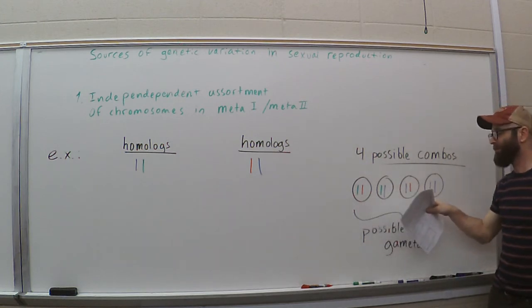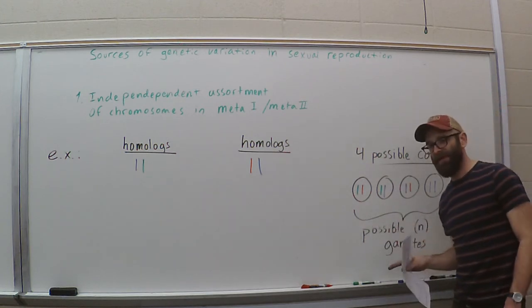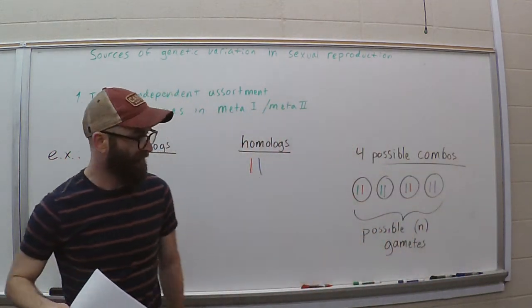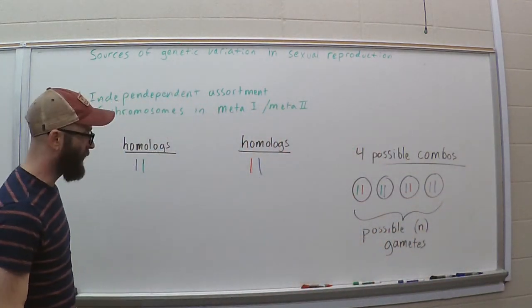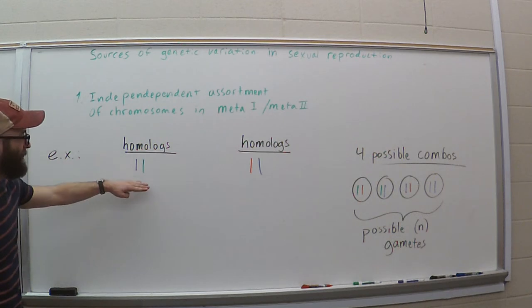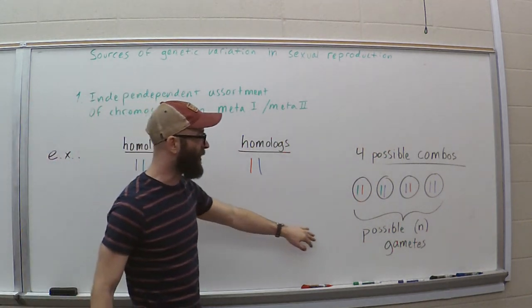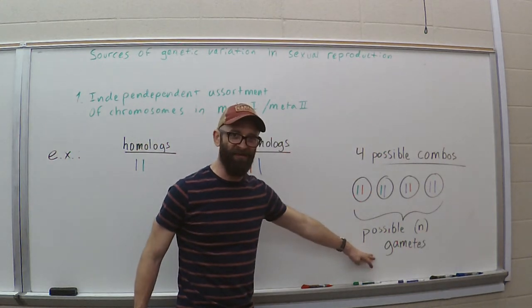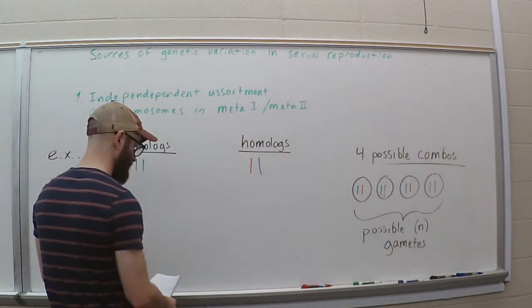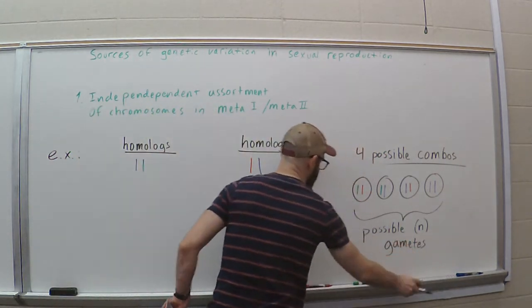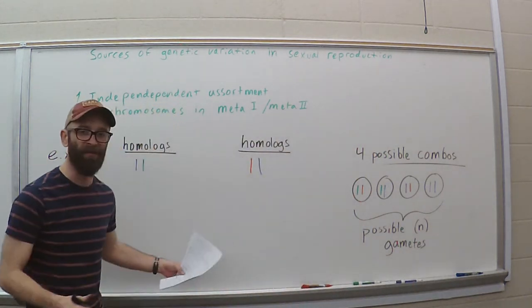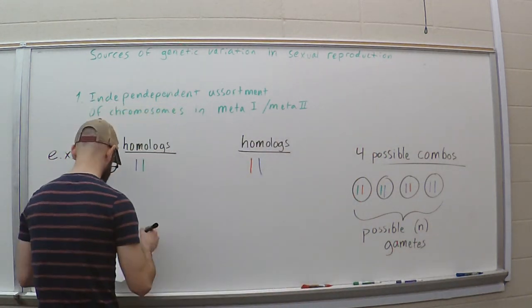Each of these would make a genetically unique offspring. So if you have only 2 pairs of homologous chromosomes, there are 4 possible gametes. So the number of possible gametes depends on the number of homologous chromosomes.